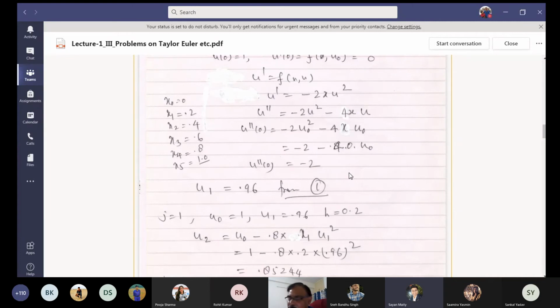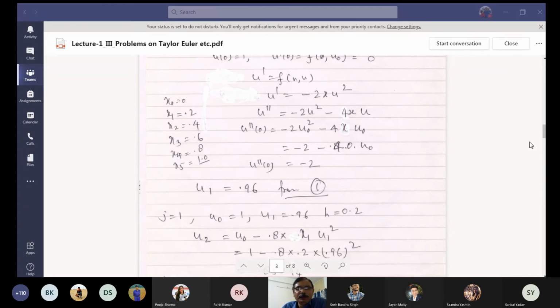So you go to the next value. Only one person has told me. The others also, I expect that they should also tell. Anybody else has done the problem?